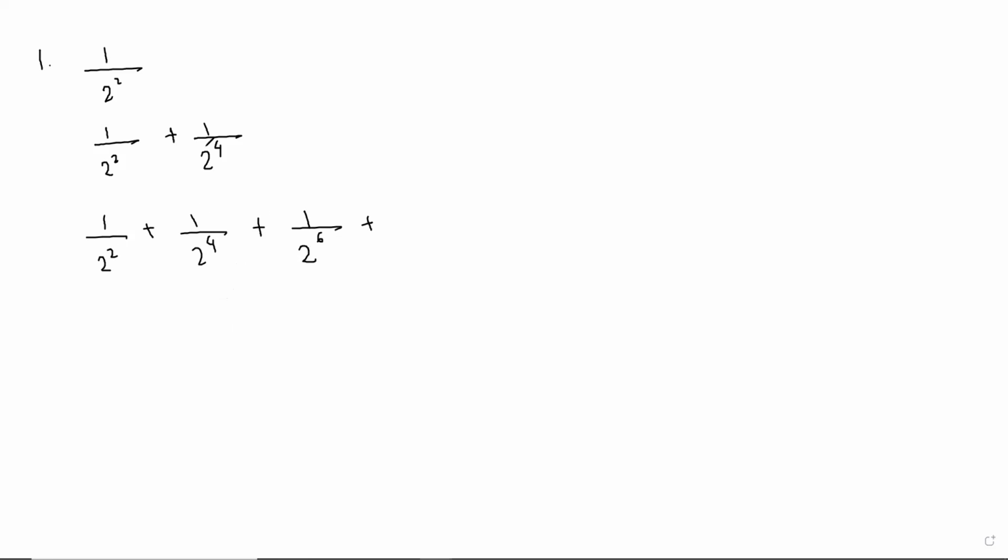Okay, so first of all, is this going to be finite? The question really is, is this finite if you keep adding more and more things? Or can you give a number such that these will be less than that number, no matter how many of them you add?